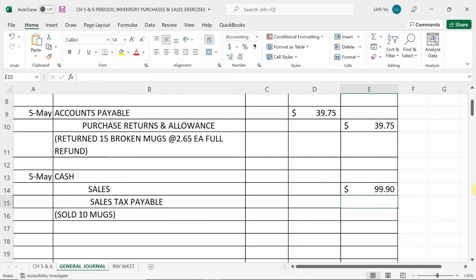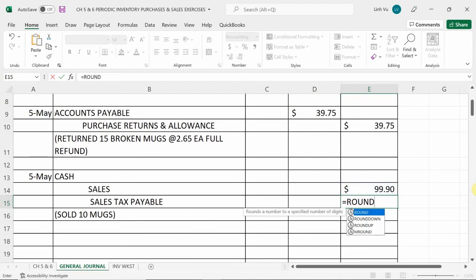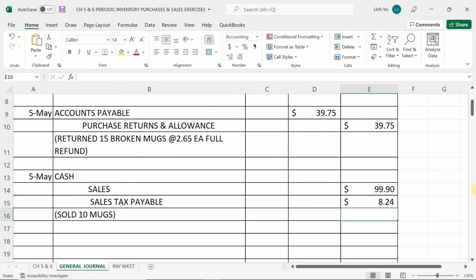$99.90, good. How much sales tax am I going to be charging? Good. $8.24.